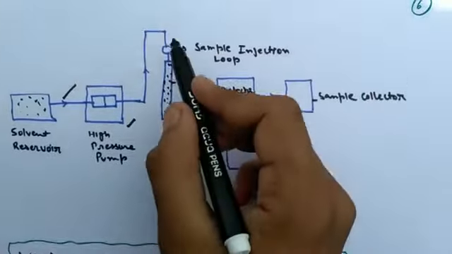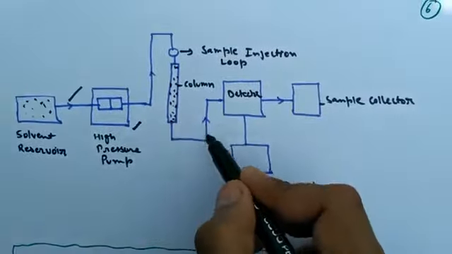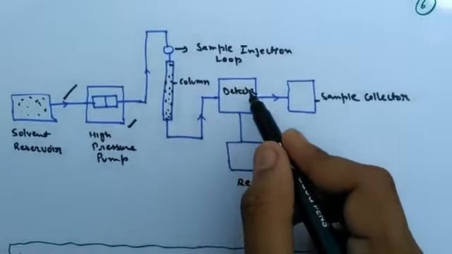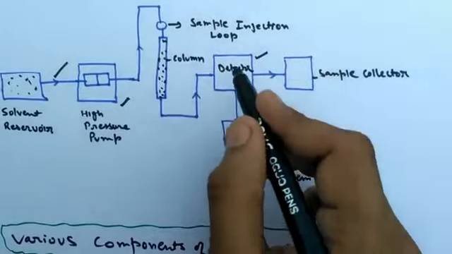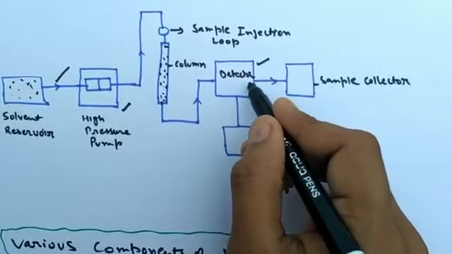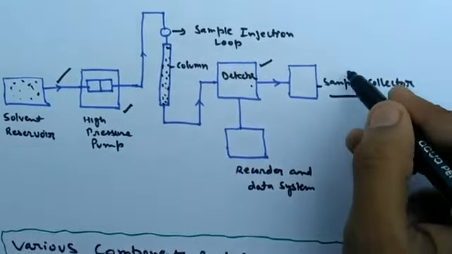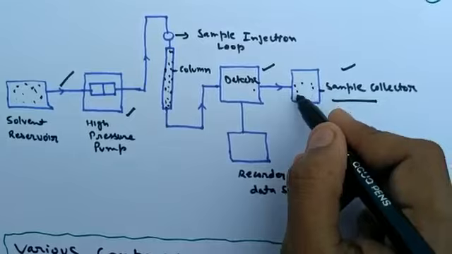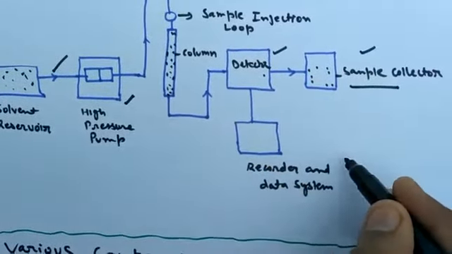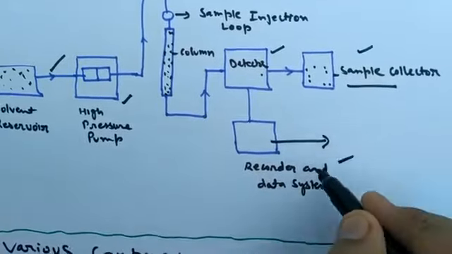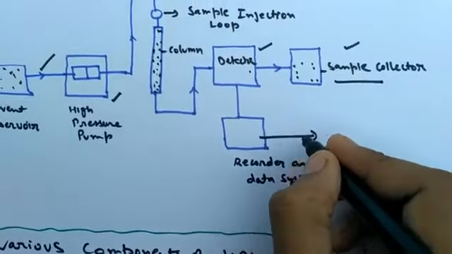Then the sample and solvent run parallelly and pass through the detector. The detector detects the molecules, and after detecting, they are sent to the sample collector. Here the actually separated sample is collected. The detector sends its recording to the recorder, which is an automated computerized device.